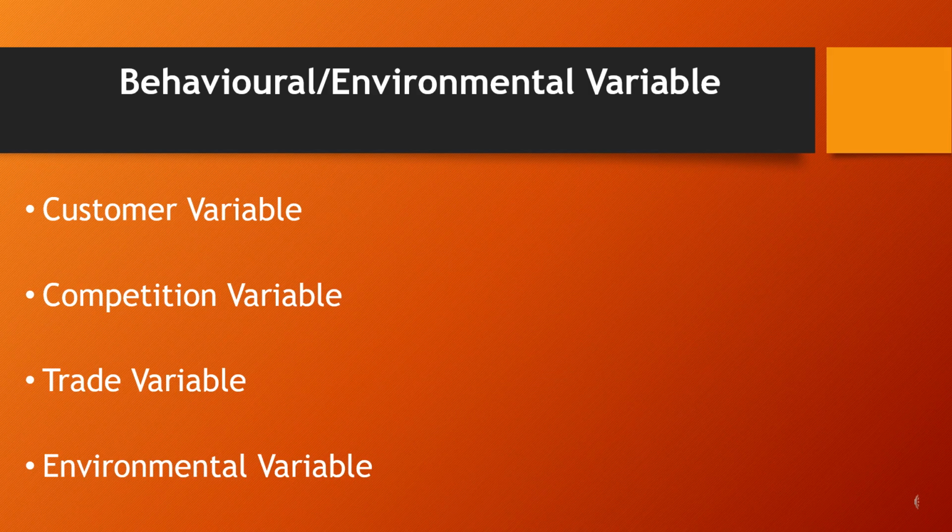Then comes competition variable. As we know, the business industry is full of competition. This contains structure of industry, nature and intensity of competition, how intense the competition is, products and services offered by other competitors.